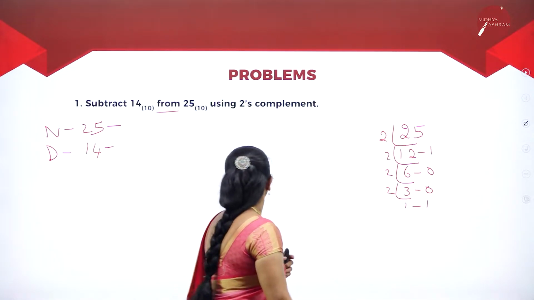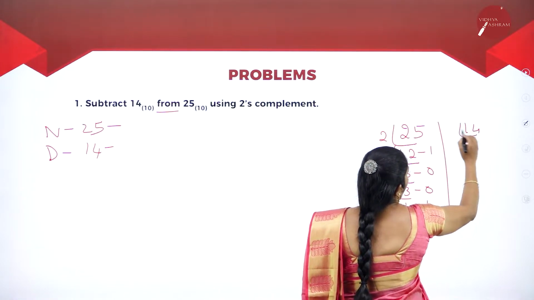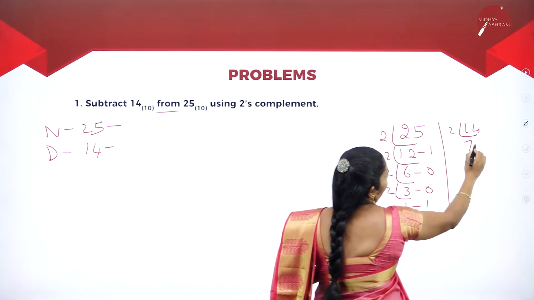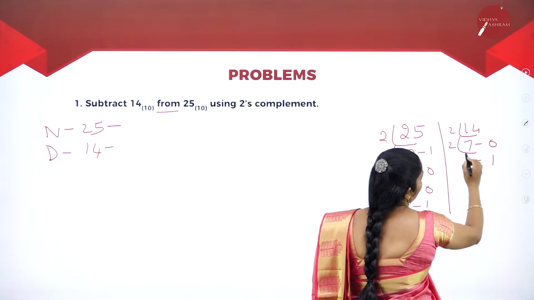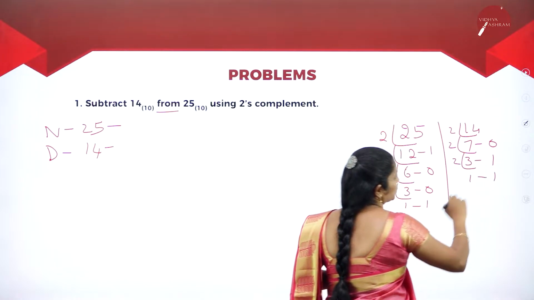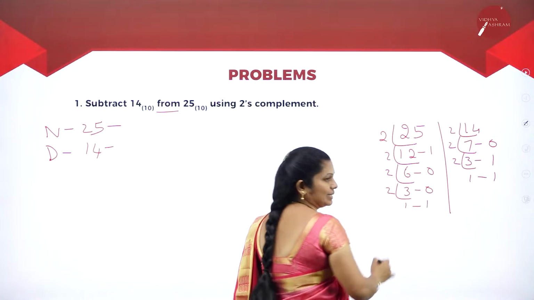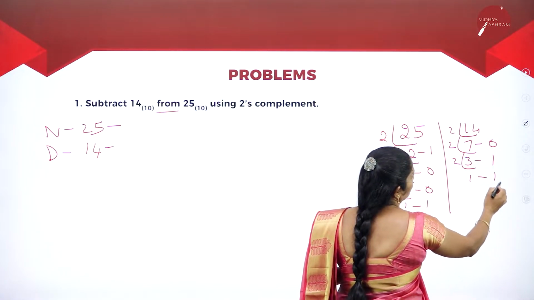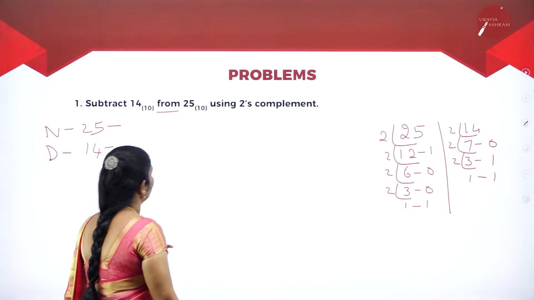In the same way, find the binary value for 14 also. 2 7s are 14, remainder 0. 2 3s are 6, remainder 1. Then 2 1s are 2, remainder 1. Here 25 has 5 bits, whereas 14 has 4 bits.